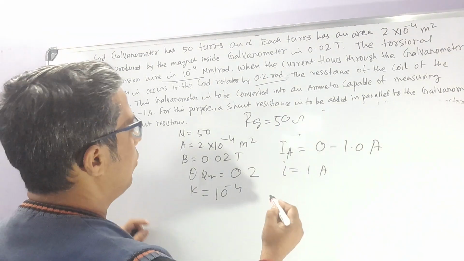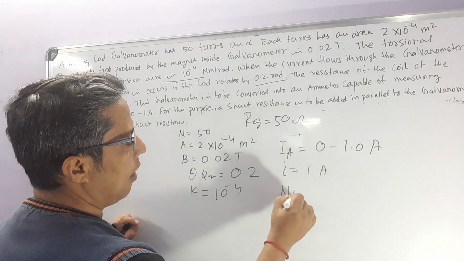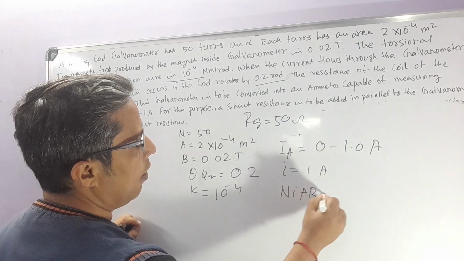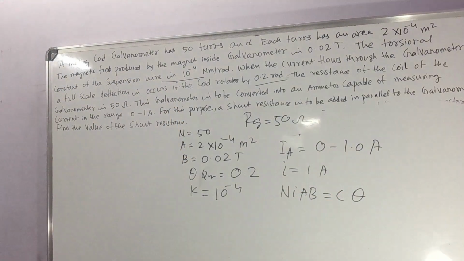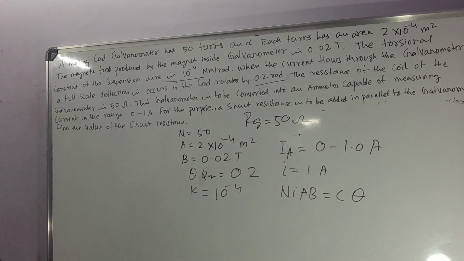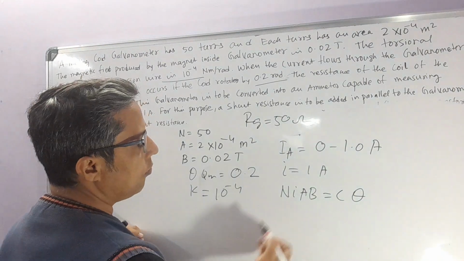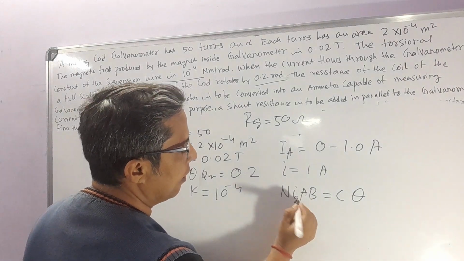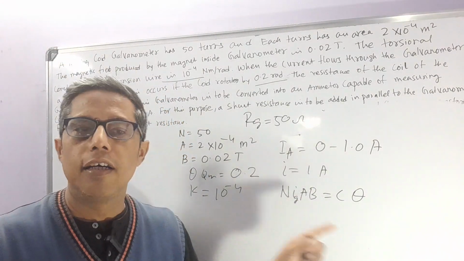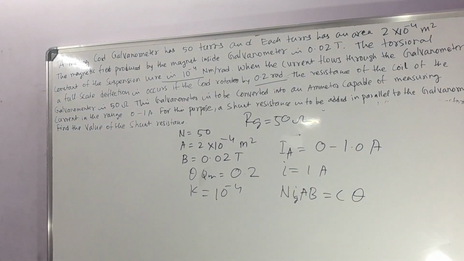From here, let's write the equation: NIAB is equal to C theta. Here I is the Ig, the current passing through the galvanometer.